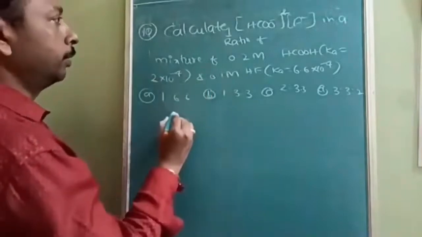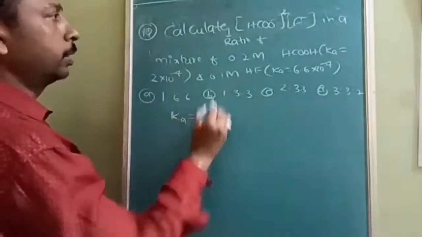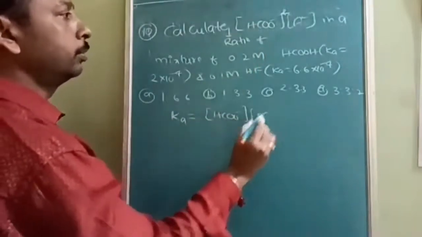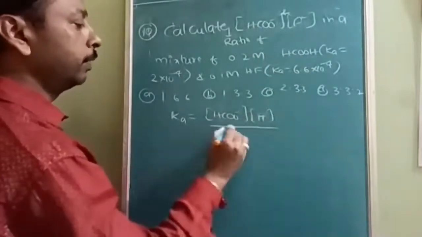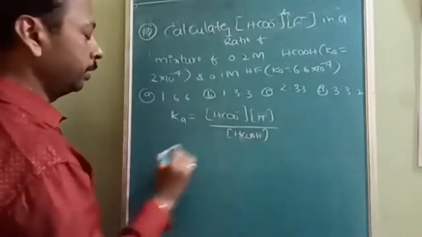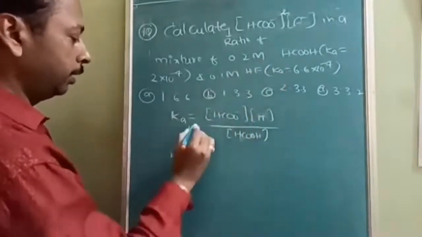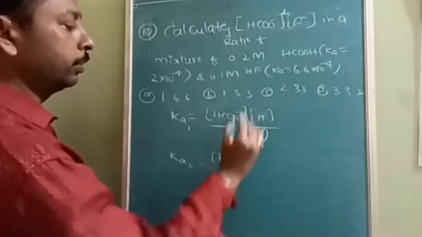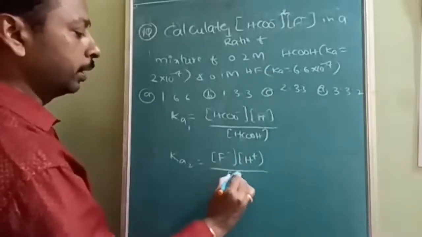Obviously Ka1 is equal to concentration of HCOO minus into H plus divided by concentration of HCOOH. In the same way, for the other acid, Ka2 is concentration of F minus into H plus divided by concentration of HF.